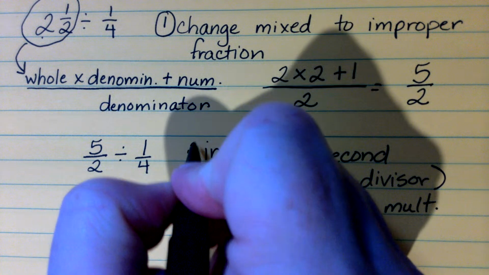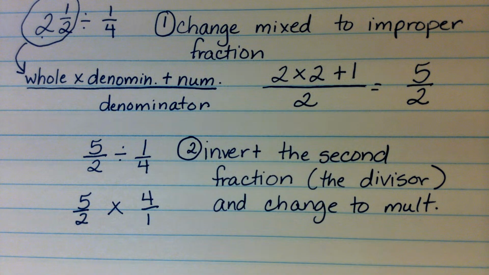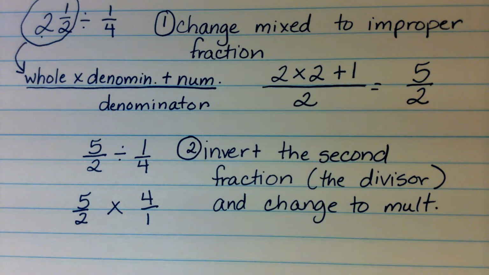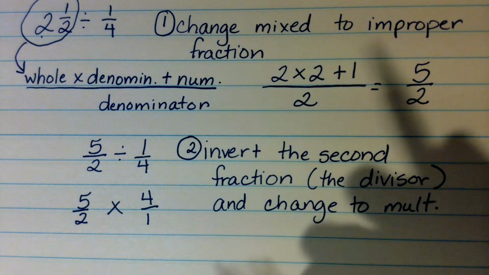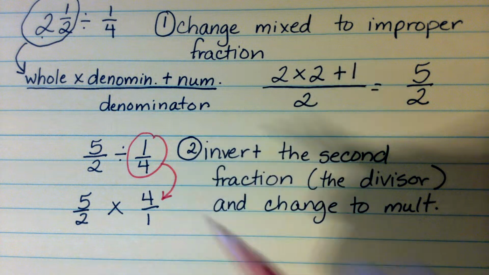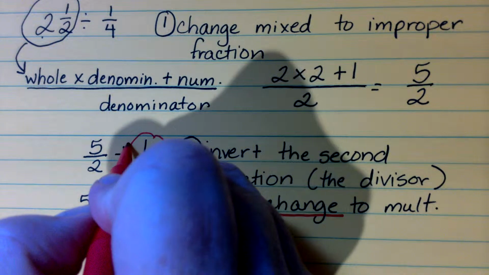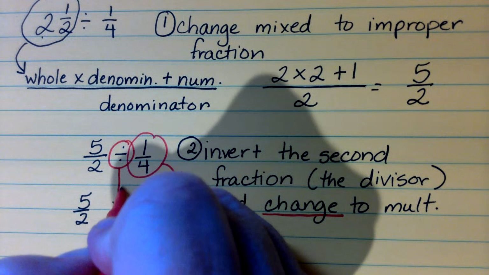That was step 2. Invert the second fraction, which is the divisor. So we changed 1/4 to 4 over 1, and we changed the division sign to a multiplication sign.